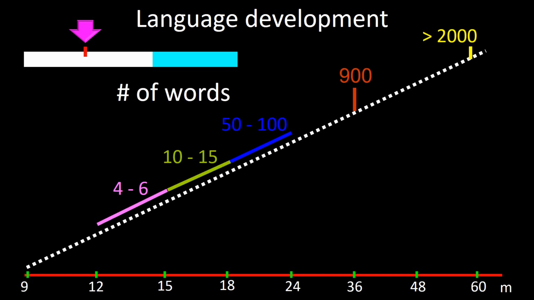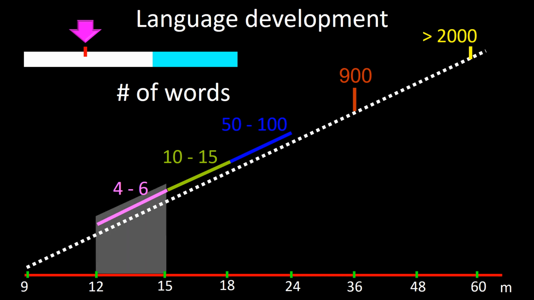So I have now introduced the number of words that 50% of children should be able to say and precisely use at different ages. From about 12 to 15 months of age, half of the children should be able to precisely use 4 to 6 words.